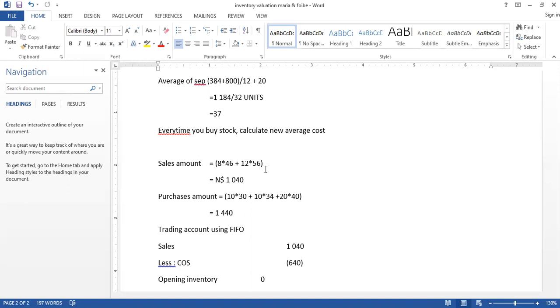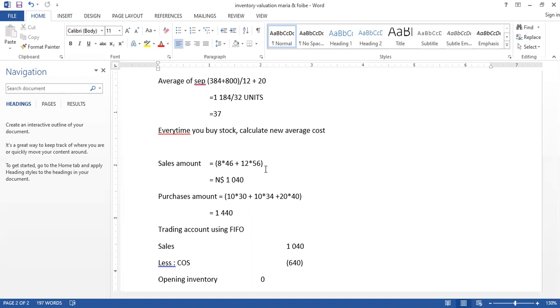So your selling price was 46. So how much did you get in total? What was your total sales? If one pair of shoes is 46 and you had 8 pairs of shoes, how much did you make out of those 8? So it's 8 times 46, right? Yes, which is 368.